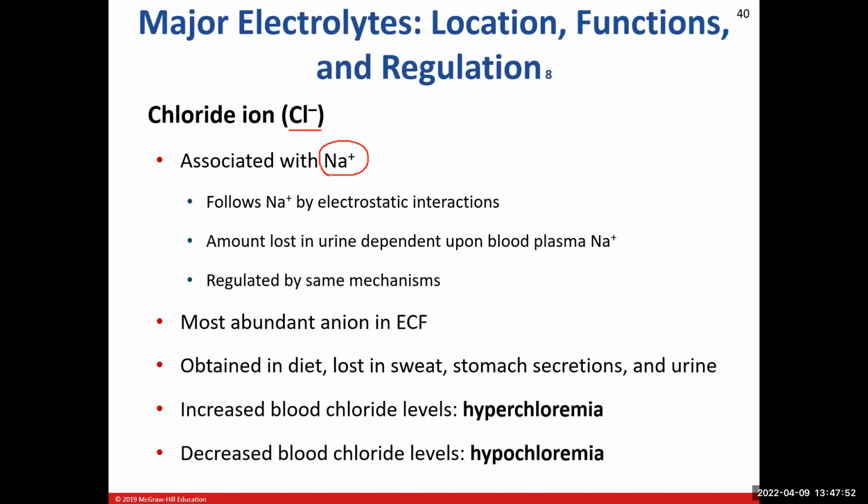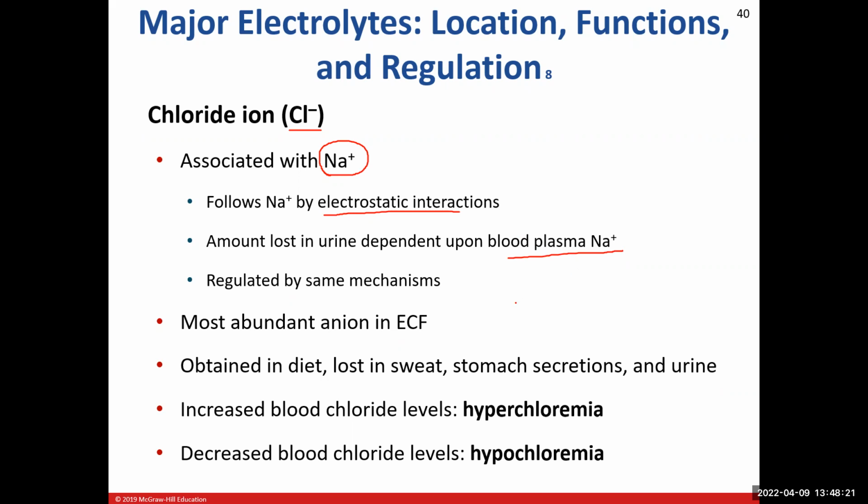So now we're going to talk about chloride, right? We know that sodium and chloride are attracted to one another through those electrostatic interactions. Opposites attract. And so what we're going to see is basically where sodium goes, chloride wants to follow. And so the amount of chloride that is lost in our urine really relies heavily upon how much sodium is in our blood plasma.